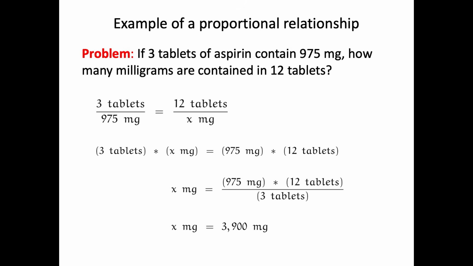Then I divide each side by 3 tablets so that I just have X milligrams on the left. So essentially, if I take 975 times 12 divided by 3, and you can see where the units of tablets cancel, my final units will be in milligrams, and my final value is 3,900 milligrams. So 12 tablets contain 3,900 milligrams, but we used a proportion to be able to solve that.